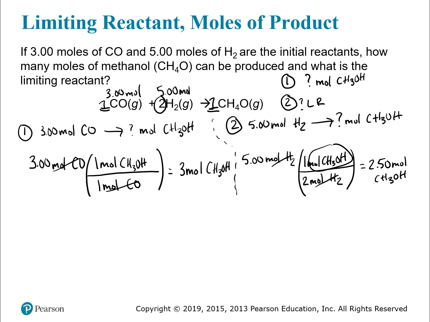Which one of these makes the least amount of product? 2.5 moles is definitely smaller than 3 moles. So the amount of methanol that we produce is going to be 2.50 moles. And that means the reactant that would make that amount is the limiting reactant.